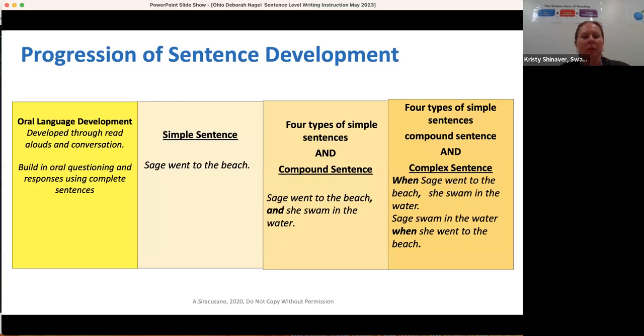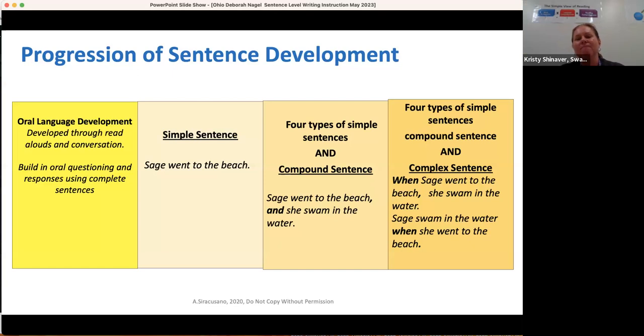In the district that I'm in, I feel like the explicitness of teaching the sentence types, as well as how to combine sentences, knowing the difference between a simple sentence and a compound sentence and a complex sentence, those are some of the foundational skills that are being left out.